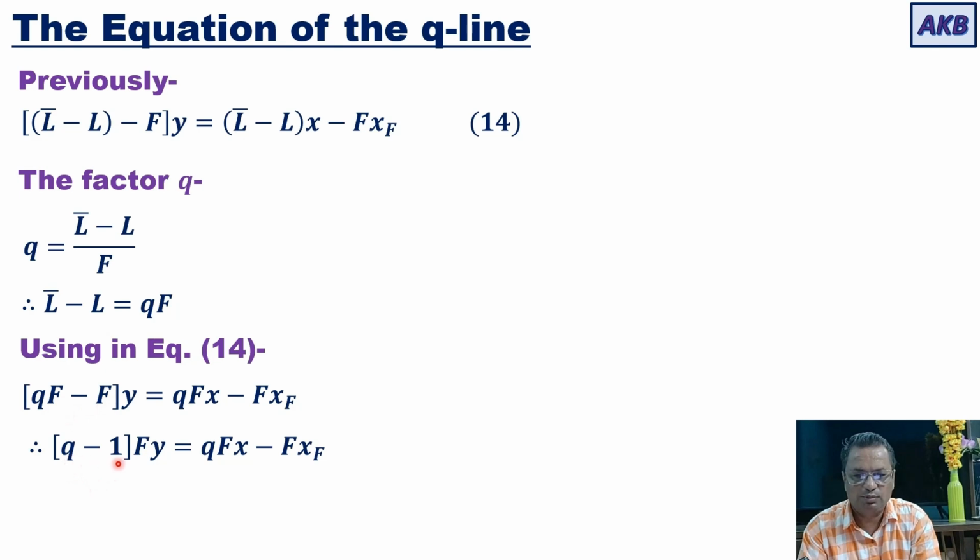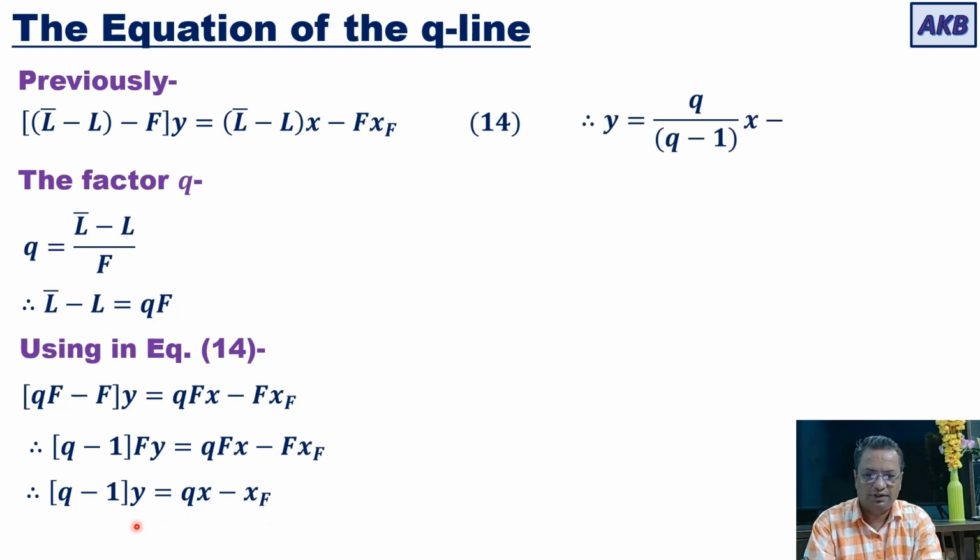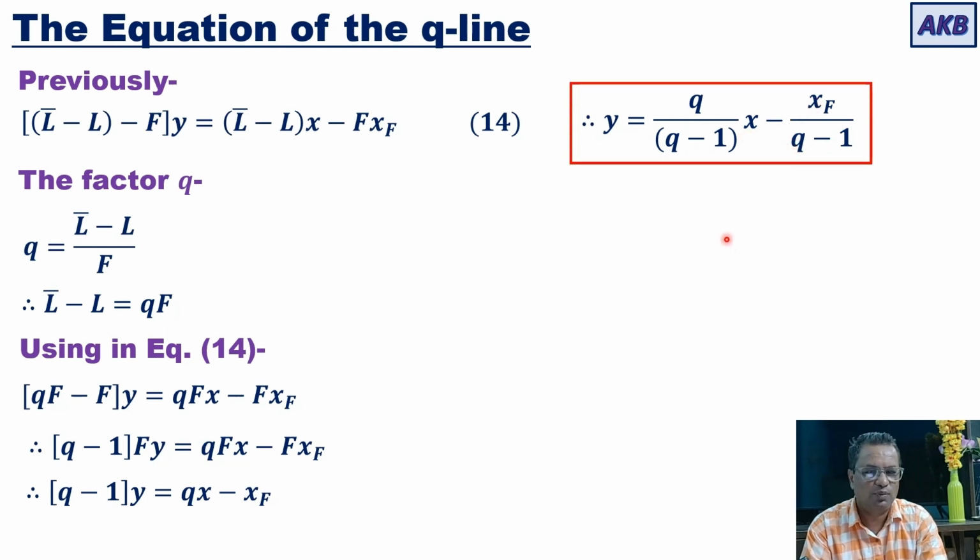So it will be Q minus 1 into F into Y. And on this side, nothing will happen: Q into F into X minus F into XF. And now this F will get cancelled. So you are left with Q minus 1 into Y, that is equal to QX minus XF. And which when rearranged will give us this equation: Y is equal to Q upon Q minus 1 into X minus XF upon Q minus 1.